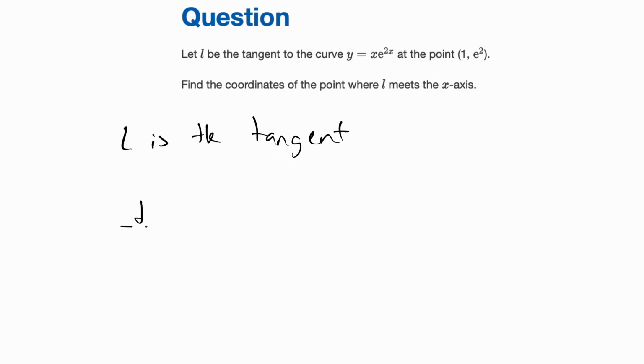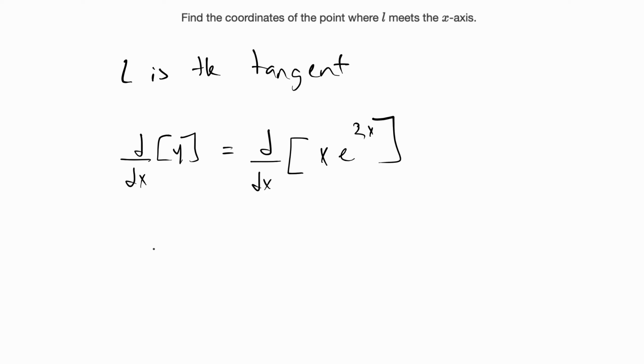We get d by dx of y is equal to d by dx of x e to the power of 2x. Now how do we do this? Well, the left side just becomes dy by dx. It's an implicit differentiation. And on the right side, it's a product rule.